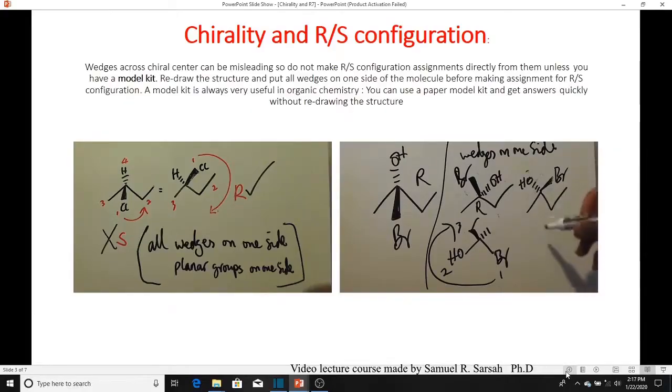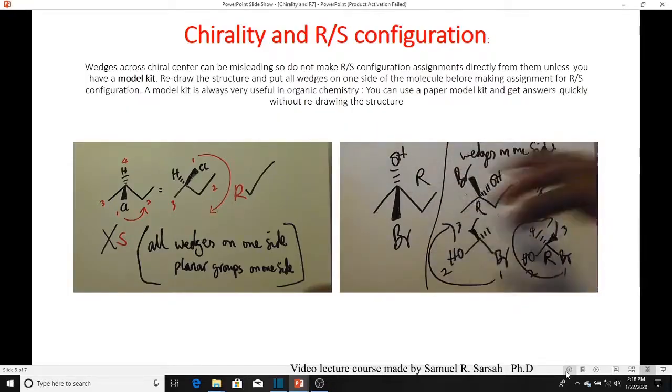This will also give me the same answer. So all these are representing the same compound.